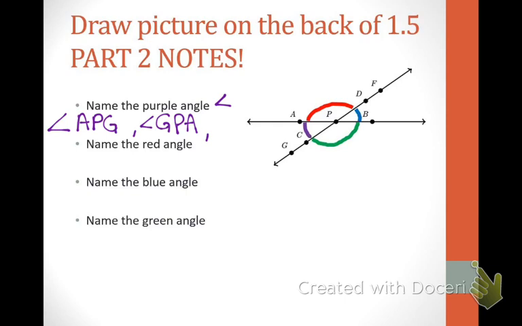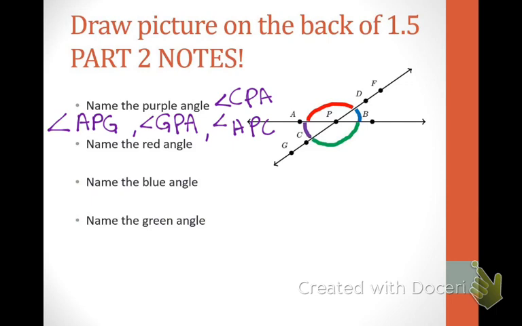CG. Angle what? No, because the vertex has to be in the center. Okay, CPG. We just named that one, didn't we? That does not make sense. You have to go around the angle. CPA, that's perfect. So CPA, which means we also can reverse it to APC.